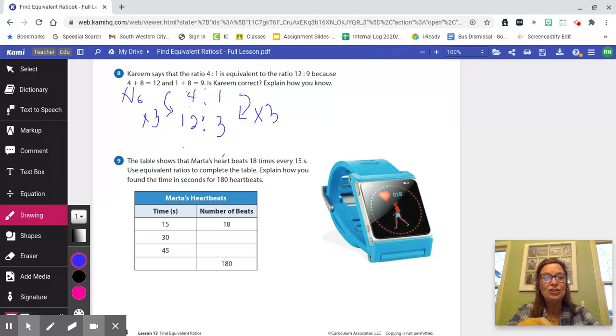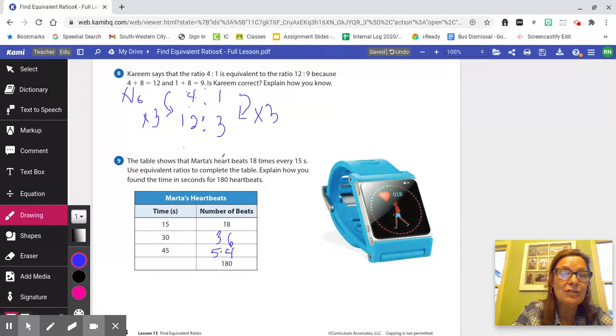Okay, so you should have had 36 and 54 and 150. To get these, if I notice from here to here, I doubled it. So from here to here, I have to double that one, times 2, times 2. From here to here, I did times 3, times 3.